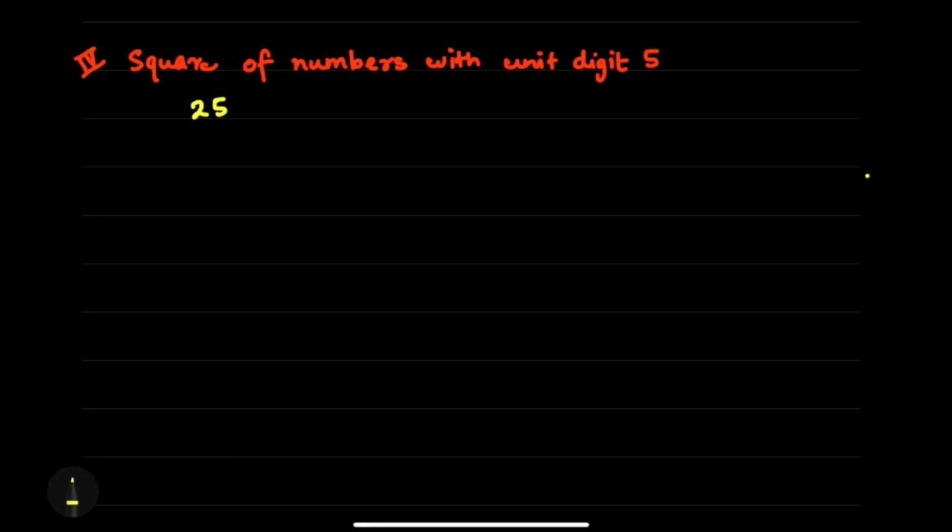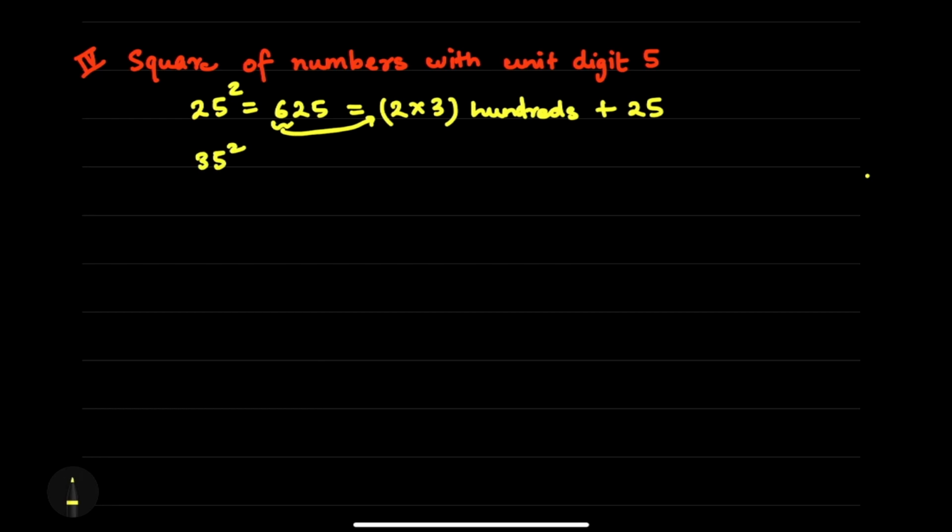So let's observe 25. 25 square can be written as 625, which can also be written as this number 6, which is 2 into 3, hundreds plus 25. We can also write this for 35 square.